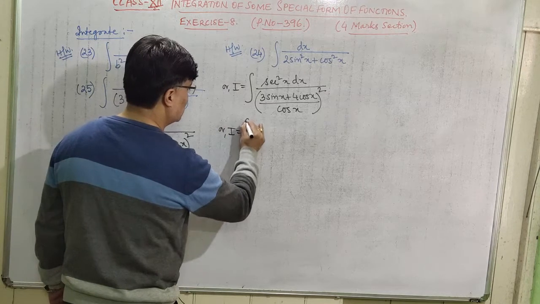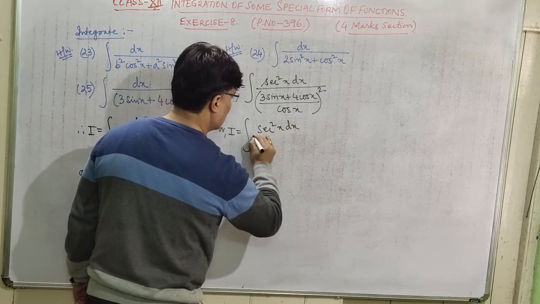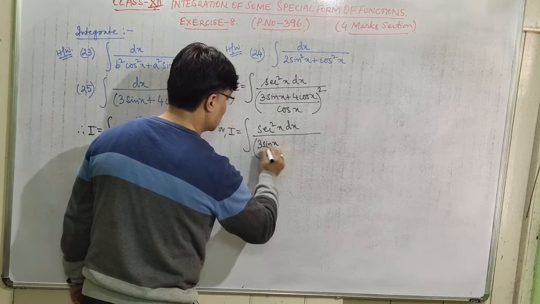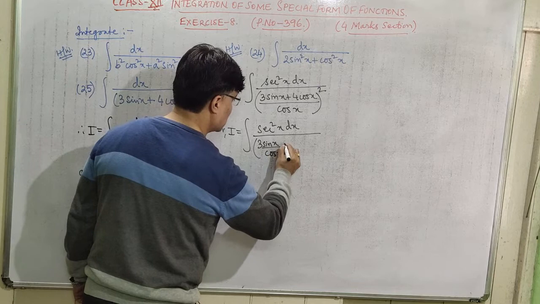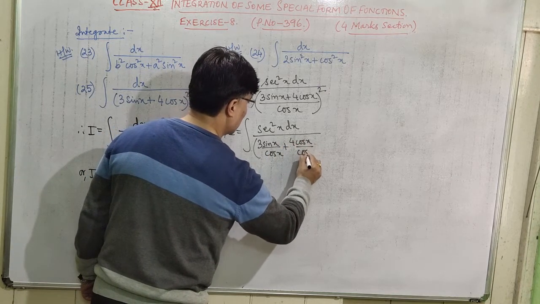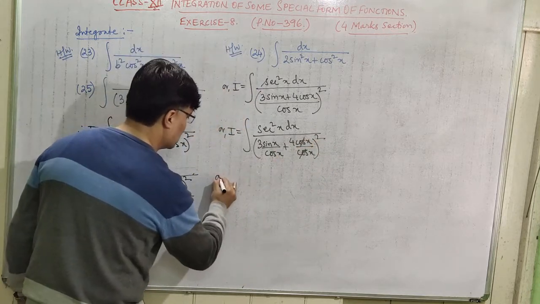So let us separate the term here. Or I is equal to integration of sec square x dx divided by (3 sin x divided by cos x plus 4 cos x divided by cos x) whole square. Here cos x will be cancelled.